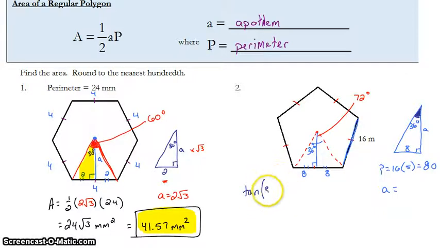Tangent of my angle, 36 degrees, is equal to the opposite side, 8, divided by the adjacent side, which in this case is my apothem. When I solve this, I get the apothem is equal to 8 divided by my tangent, and rounding it to the nearest hundredth, my apothem is approximately 11.01 meters.